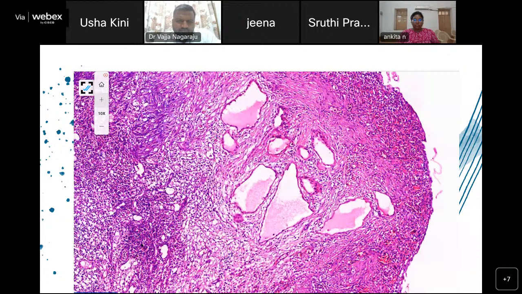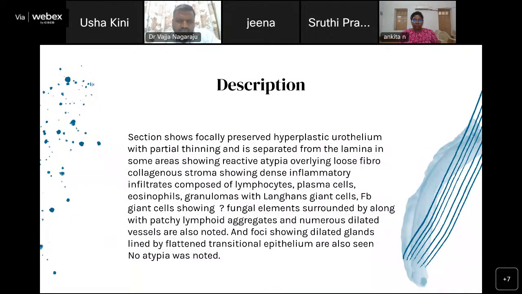by stretched out transitional epithelium. And in my description, I have given it as: the section shows focally preserved hyperplastic urothelium with partial thinning, separated from the lamina in some areas, showing reactive atypia, overlying a loose fibrocollagenous stroma showing dense inflammatory infiltrates composed of lymphocytes, plasma cells, eosinophils, and granulomas with giant cells and foreign body cells showing fungal elements, surrounded by patchy lymphoid aggregates.